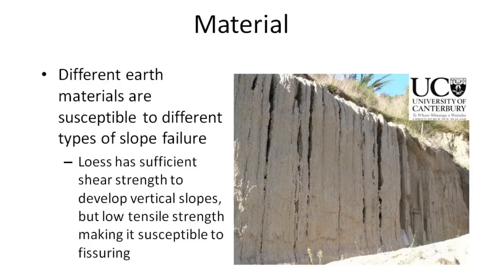And because the material is not very strong in that direction, it tended to break off. And so we had a few types of failures on some of the road cuts where actual blocks of loess came off of those cuts. That same tensile failure that we saw in the loess is also what leads to some of the fissuring, which David is going to talk more about in a moment.